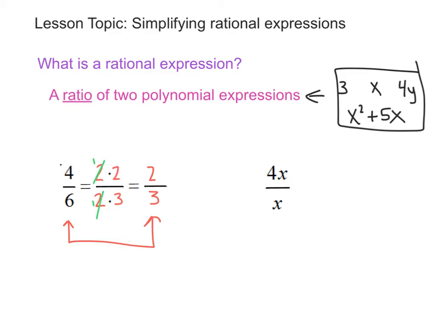Now, 4x over x, the same kind of thing happens. It's already factored. We could break down 4 into 2 times 2, but there's no need since we don't have any numerical factor in the denominator. But we do see a variable part in the numerator and in the denominator that is the same factor. So I can cancel that factor of x with this factor of x, which again, we use that word cancel sometimes when maybe we shouldn't, but x over x is 1 over 1, or just 1, which means we have 4 over 1, which is just 4.